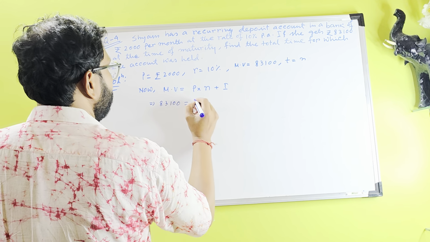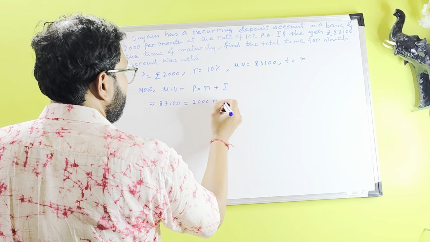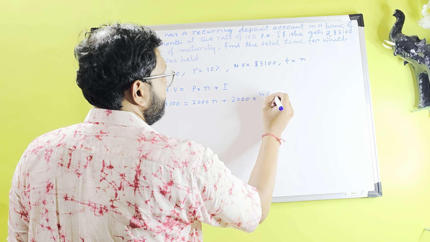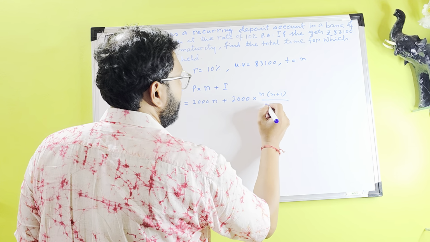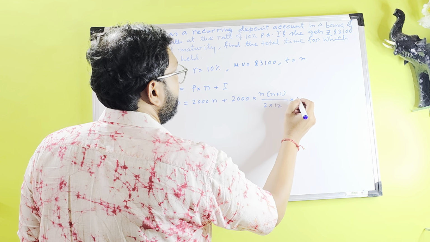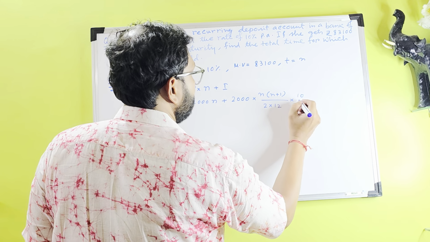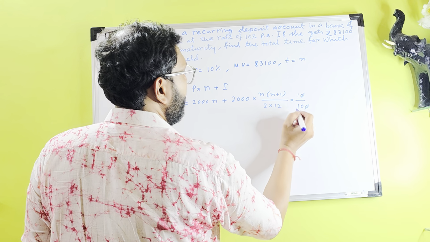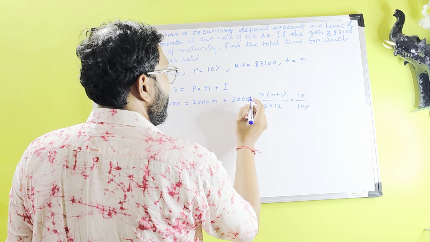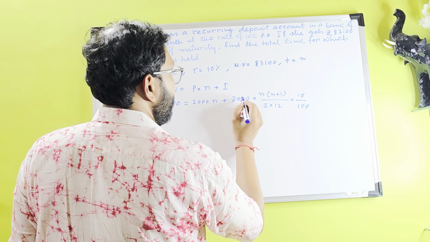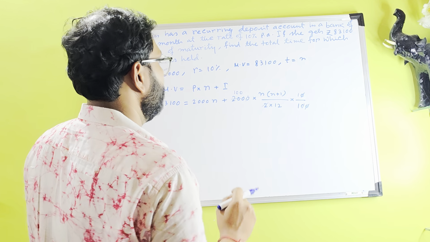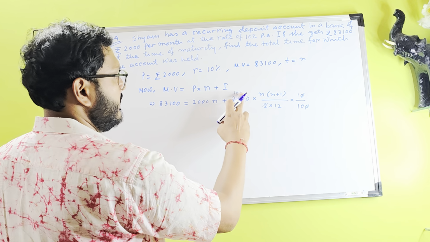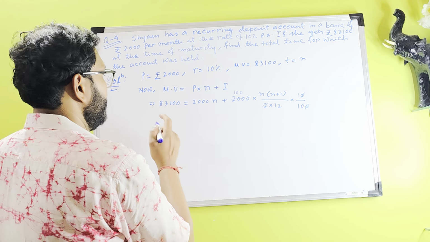MV is given, 83100 equals P is 2000 into n plus I, which is 2000 into n into (n plus 1) by 2 into 12 into R, how much? 10%, so 10 by 100. Look here, these 100, this 20, this 20 all get cancelled.